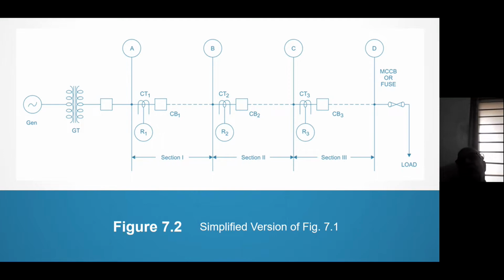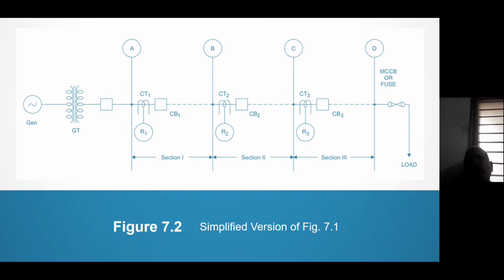So how will all these complicated things happen? How will the relay decide that the fault is not in its region but in the region of some other protective device? Similarly, if the fault occurs in line B in CD, then R3 has to operate, but R2 will sense. But R2 does not have to operate. If R3 fails, then only R2 has to operate.